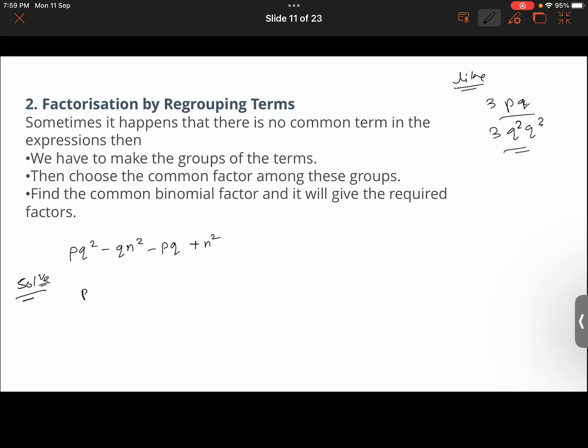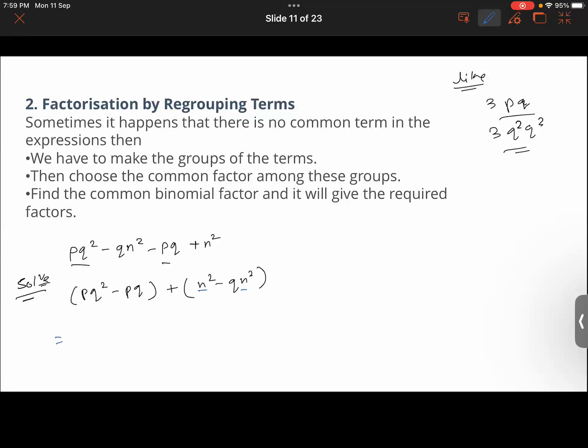So you will do it like this: pq square minus pq. Now we have grouped the two terms together here, and then plus n square minus qn square. Although they are not like terms, they have n square common in both of them. Getting it now? So that's what we have done here.